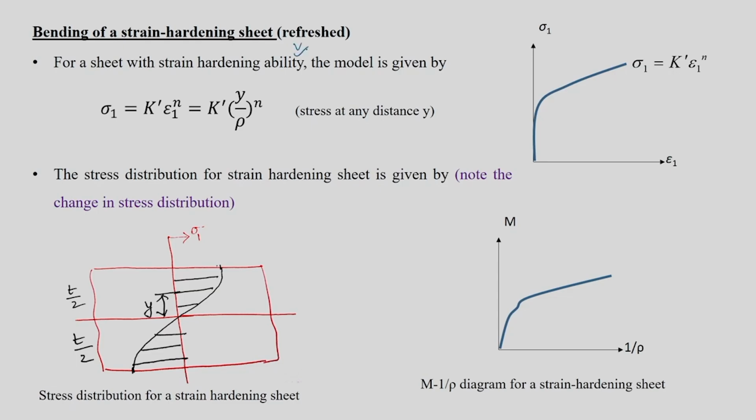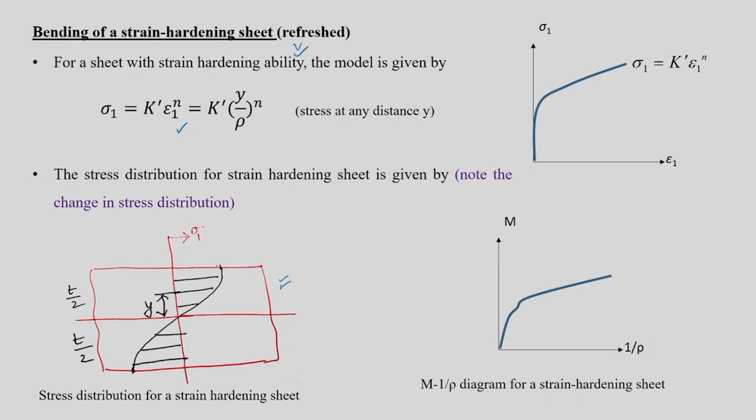For a strain hardening sheet, we know stress sigma is equal to k epsilon power n in general, and with respect to bending we say sigma 1 is equal to k dash epsilon 1 power n, and epsilon 1 is nothing but y by rho. This way we can directly draw the stress diagram across a section, which is given here. This is a little different from what we gave in the last class.